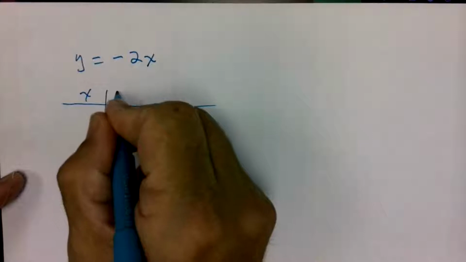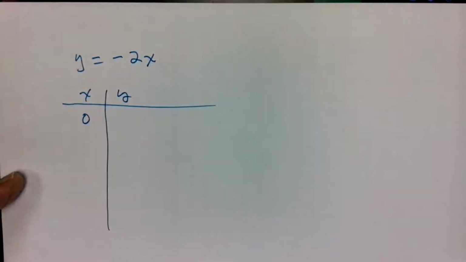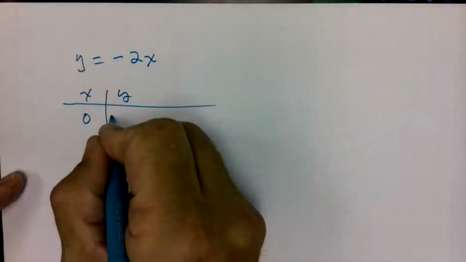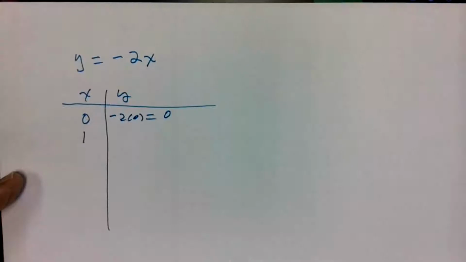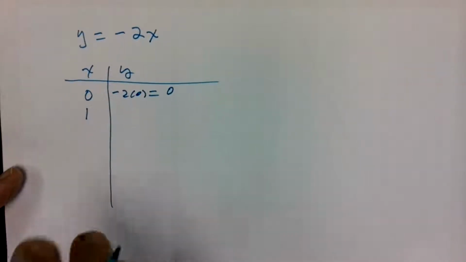So here's x, there's y. If x is 0, y is negative 2 times 0, which is 0. If x is 1, y is negative 2 times 1, which would be negative 2.